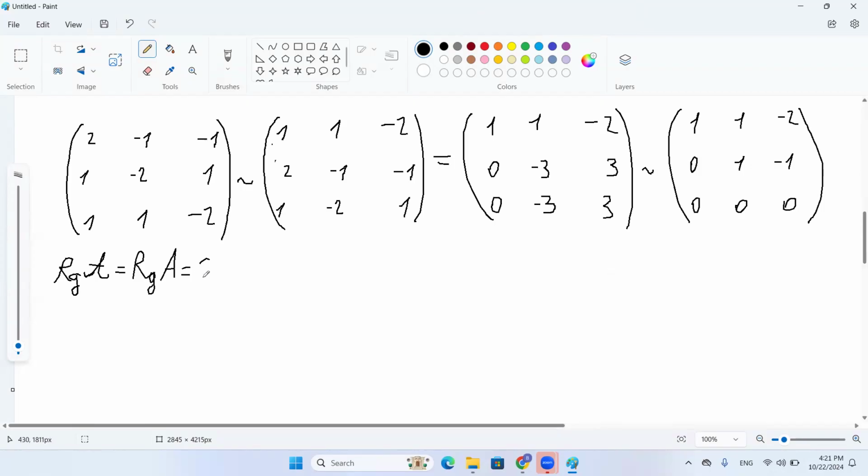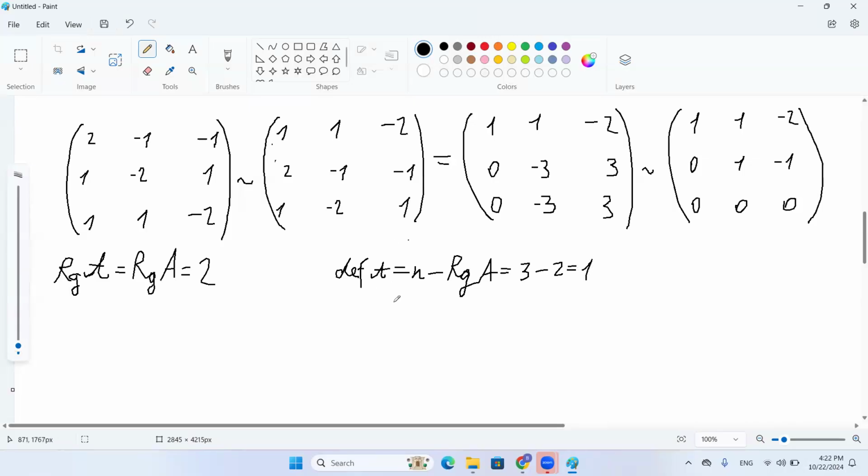Okay, and the defect equals n minus rank A, so it equals 3 minus 2, which is 1.